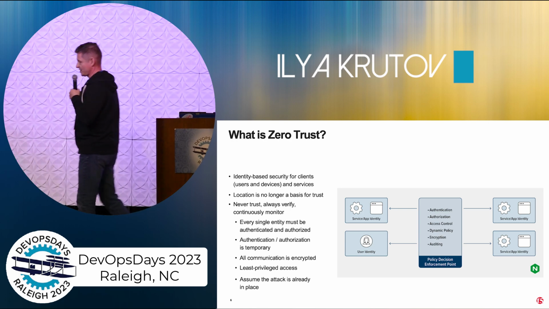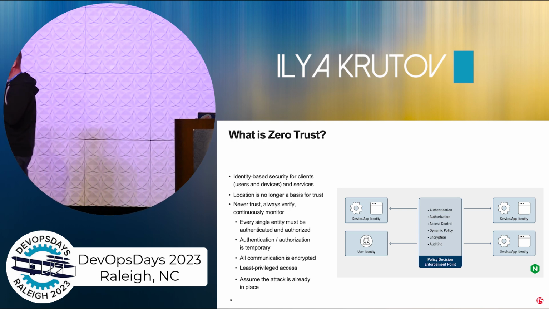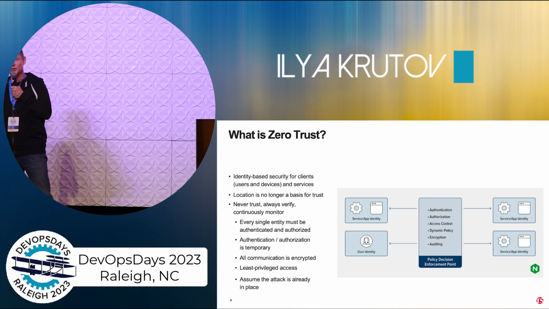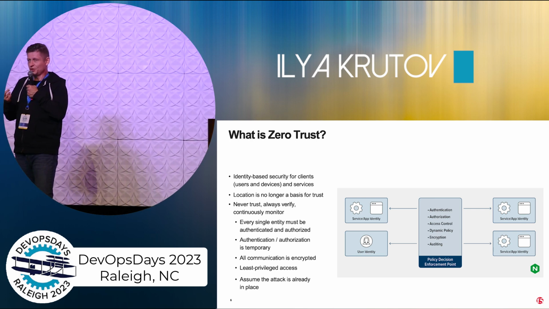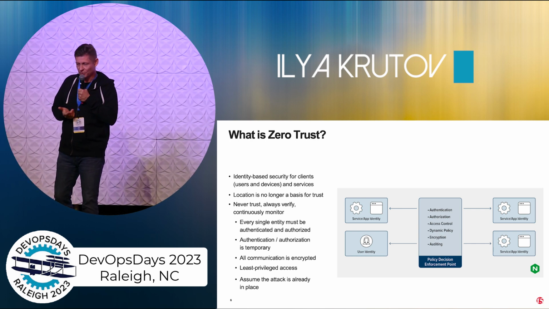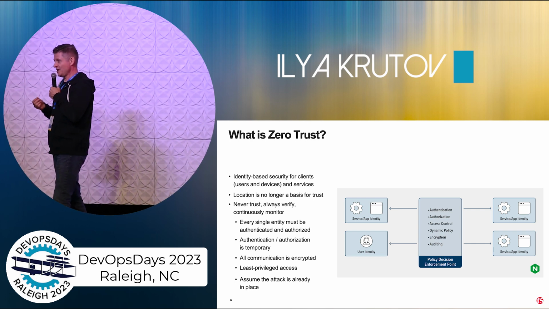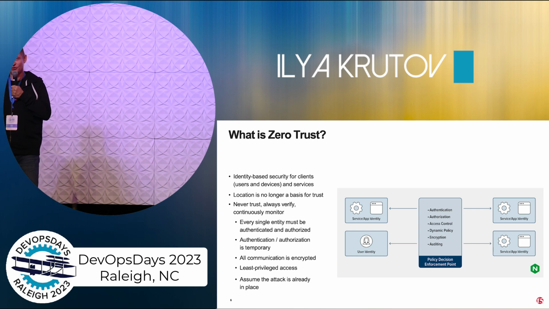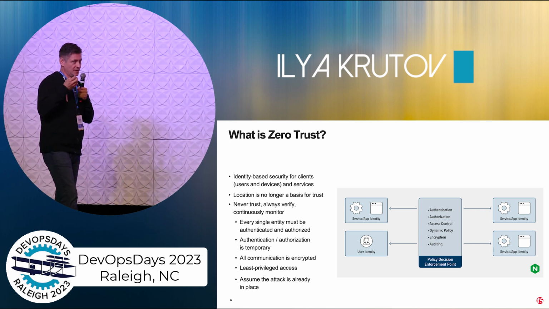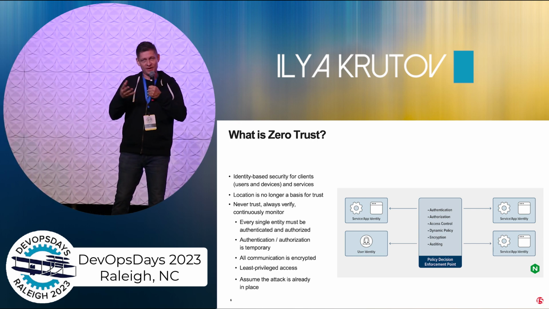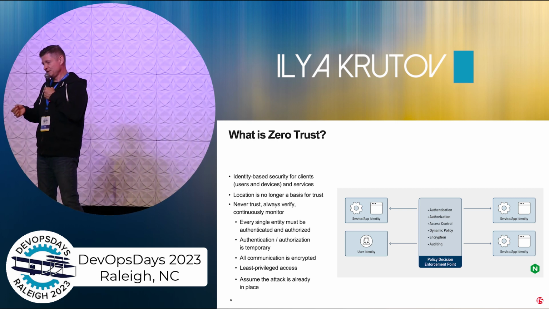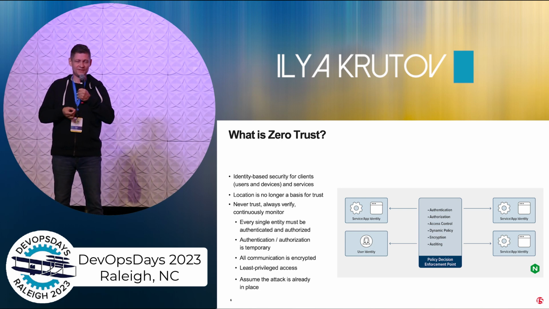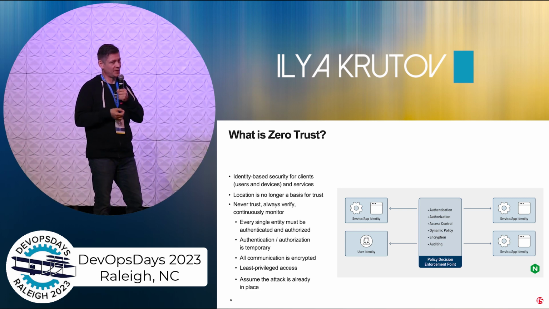So what is Zero Trust? Unlike a perimeter-based security model, Zero Trust is a so-called identity-based security model, which means every single element of the infrastructure that interacts or communicates with ours is issued an identity, whether it's a user, device, service, or application, right?